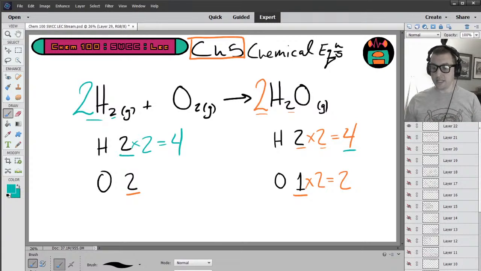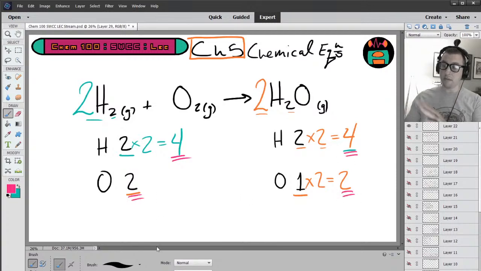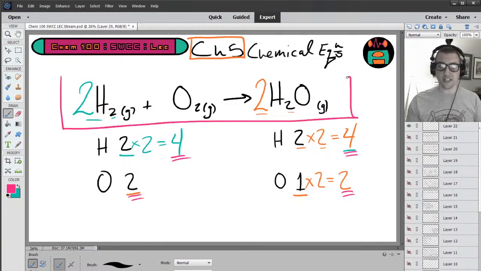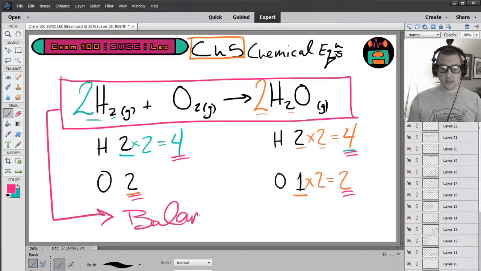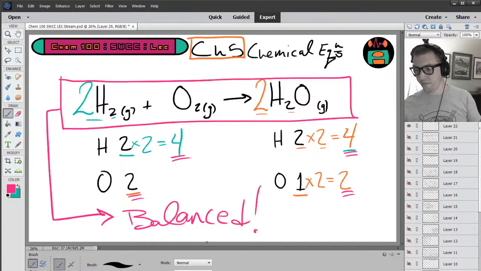And now you'll notice that our chemical equation is balanced. We have the same number of hydrogen and oxygen on both sides of this reaction. So this is our balanced chemical equation.